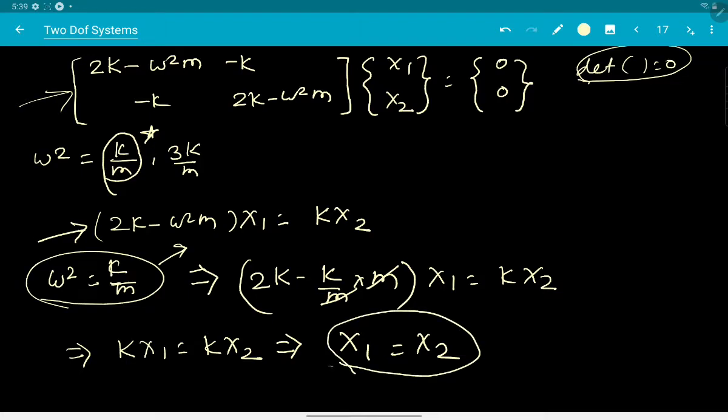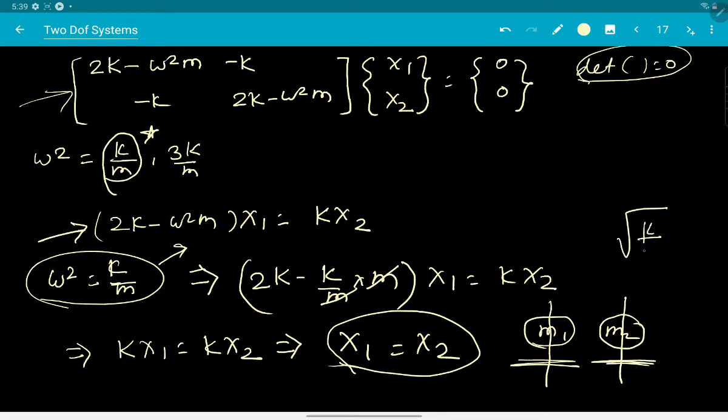This equation is trying to tell you that when there is synchronous motion of mass number 1 and mass number 2, then at that time both these masses are oscillating with circular frequency, which is equal to square root of k by m, and this equation is trying to tell us that their amplitudes are identical. We already have assumed that they have in phase motion, that there is synchronous motion, and further to that, this particular equation is telling us that their amplitudes are identical.